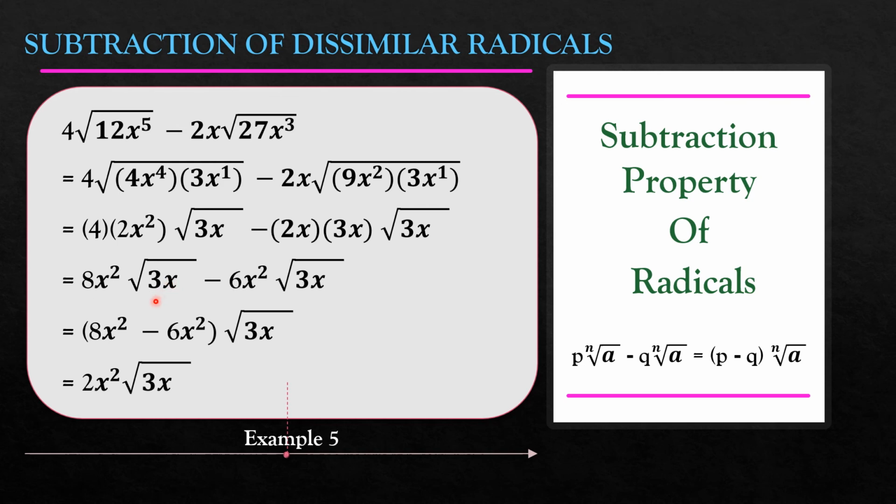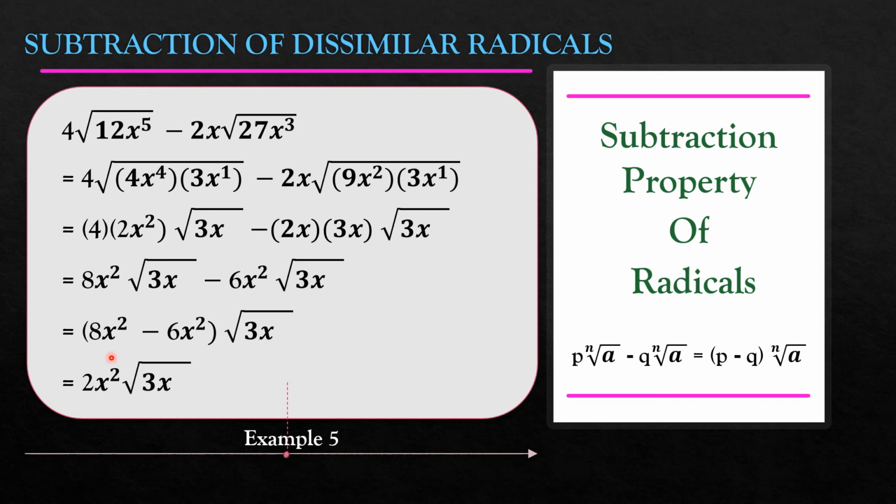Copy the radical, which is square root of 3x. Copy the operation, minus 2x times 3x is 6x squared, and then copy the radical, which is square root of 3x. As you can see, similar radicals na sila since they have a common radical, which is the square root of 3x. Pag ganyan, applying the subtraction property of radicals, we simply subtract the coefficients.